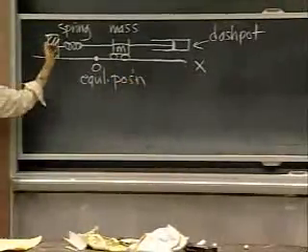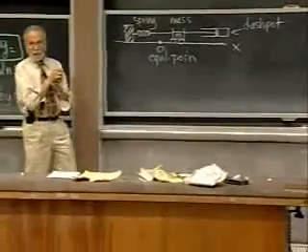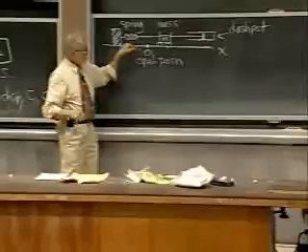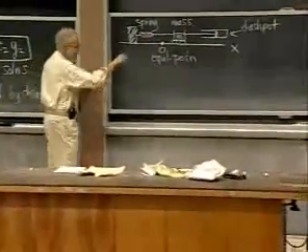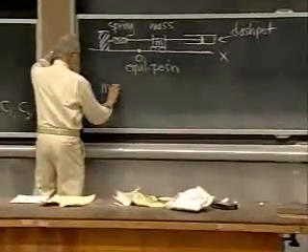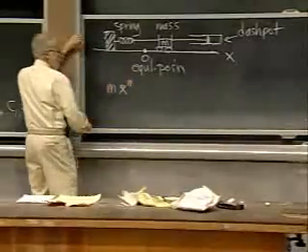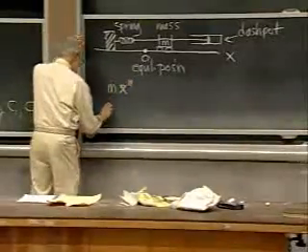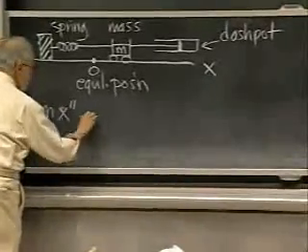When you depart from that position, then the spring, if you go that way, the spring tries to pull the mass back. If it goes on this side, the spring tries to push the mass away. The dashpot, meanwhile, is doing its thing. And so the force on it is mx double prime, by Newton's law. The force comes from where?